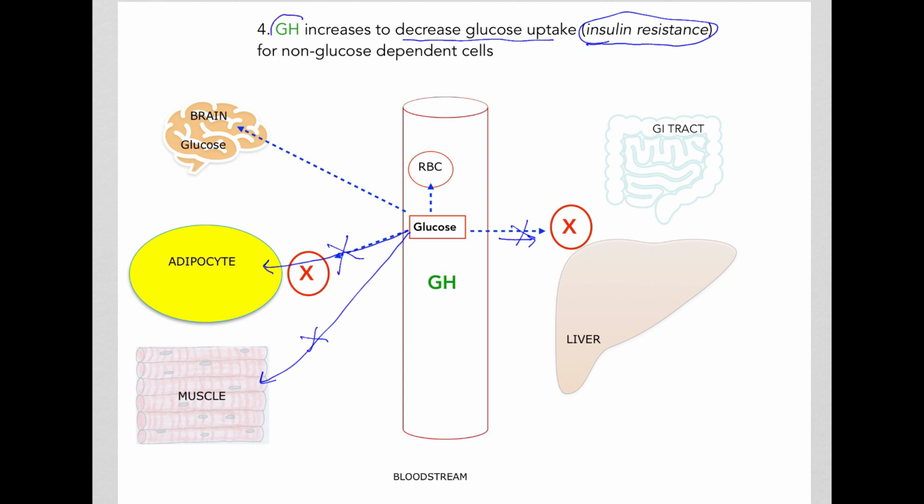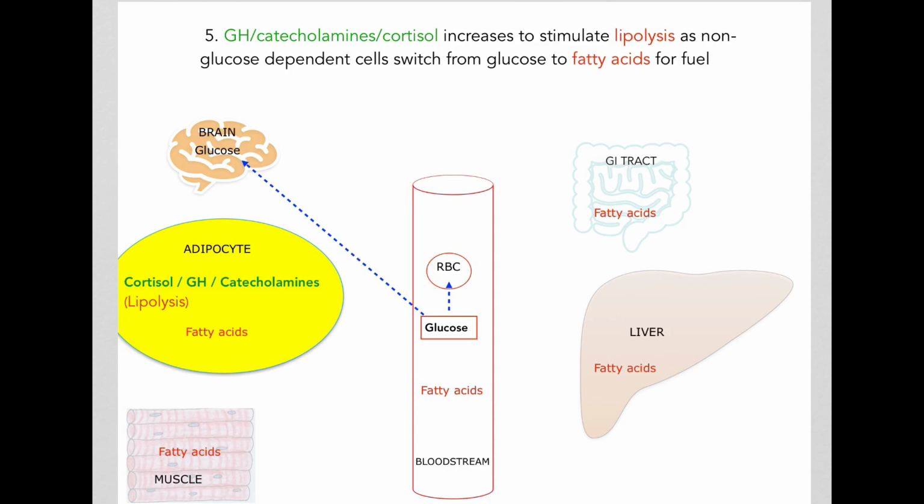And one of the hormones that is very important for insulin resistance that we see increase during starvation is this hormone called growth hormone. So if the other cells, the non-glucose dependent cells, cannot take up glucose because of insulin resistance, they will need some other fuel, and that fuel would be fatty acids that come from triglycerides from the adipocytes.